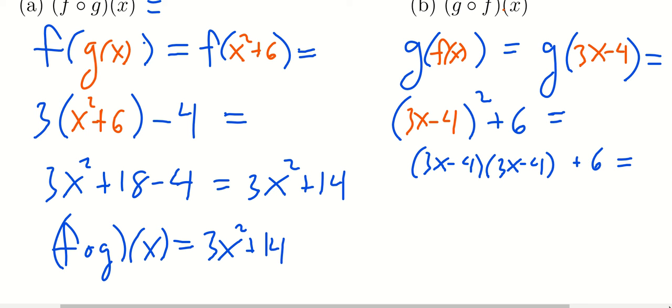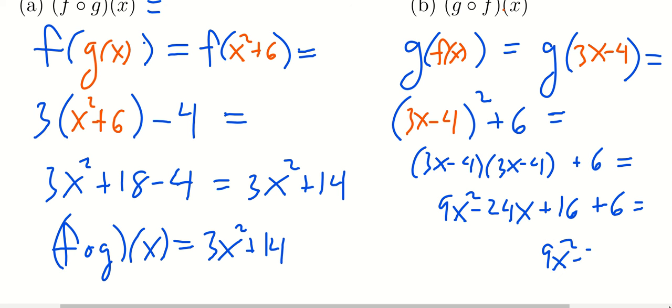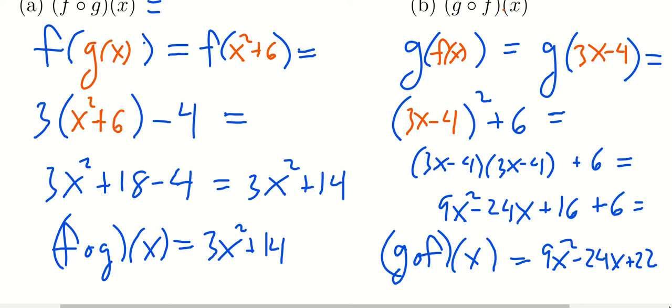You'd have to distribute this out. I'm going to skip that work, but you're going to get 9x squared minus 24x plus 16 plus 6. And this would reduce to 9x squared minus 24x plus 22. And that is our g composed with f of x.